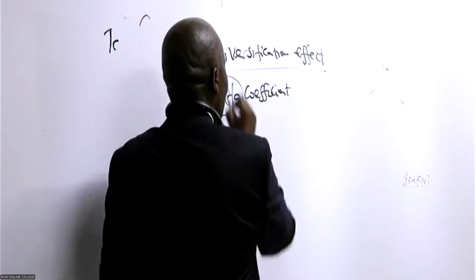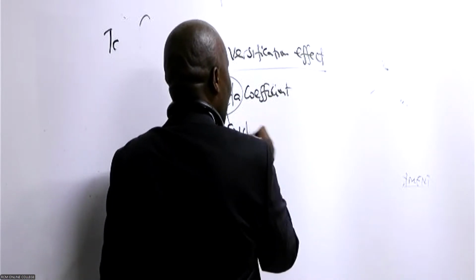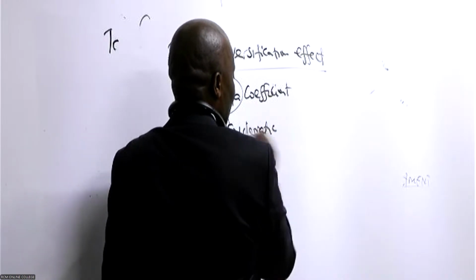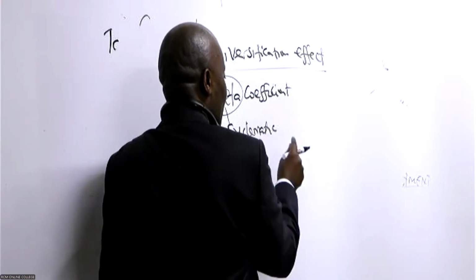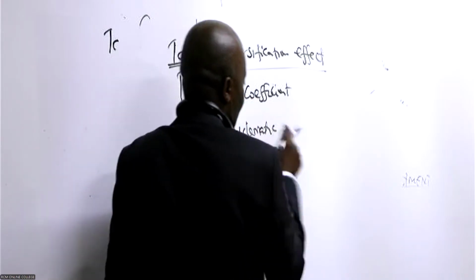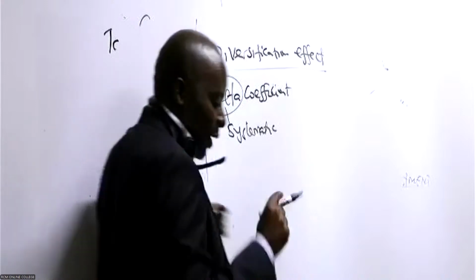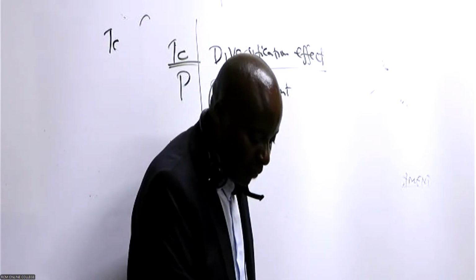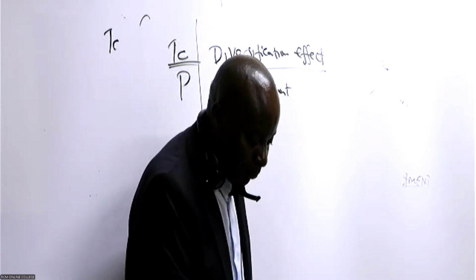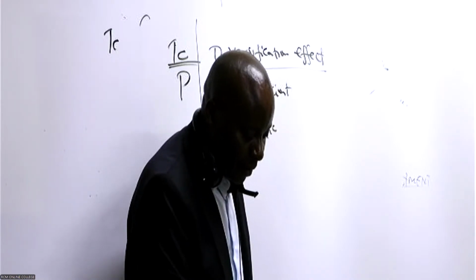Beta is a measure of systematic risk. Just like standard deviation measures total risk, beta measures systematic risk, that risk that cannot be diversified.